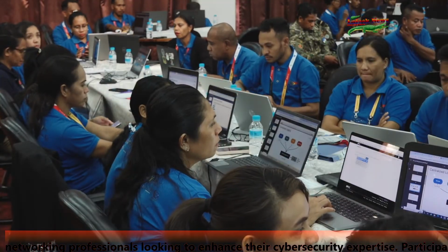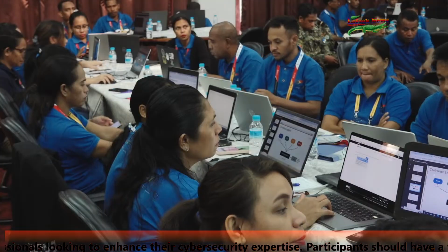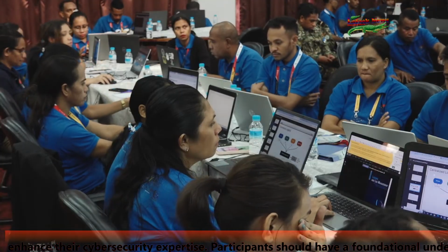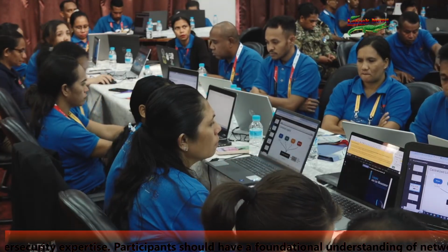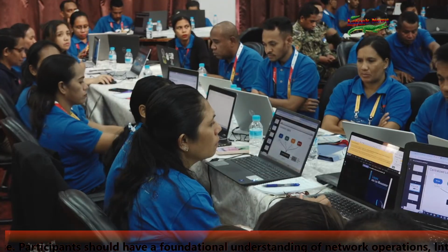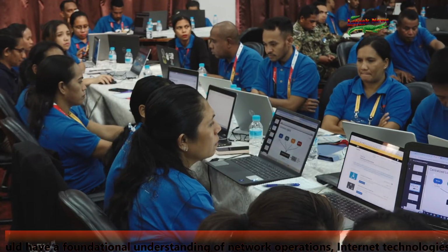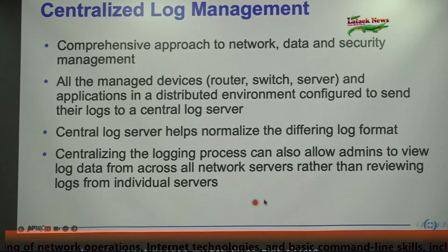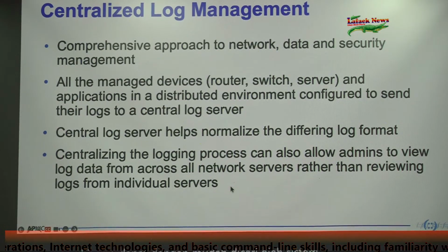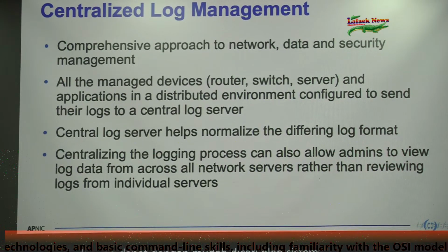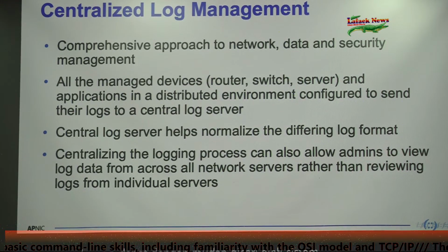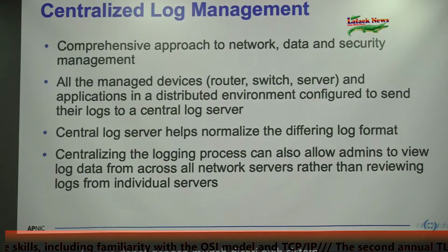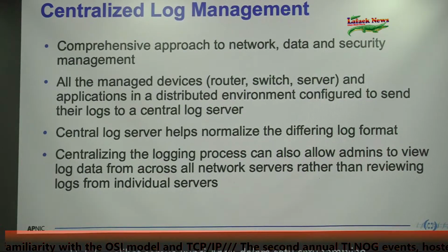So you make sure that you have a way to normalize, so they can be easily searched by the system. It allows you to see all of your logs in one single view, rather than seeing them individually on each of your devices, especially when you have lots of devices.